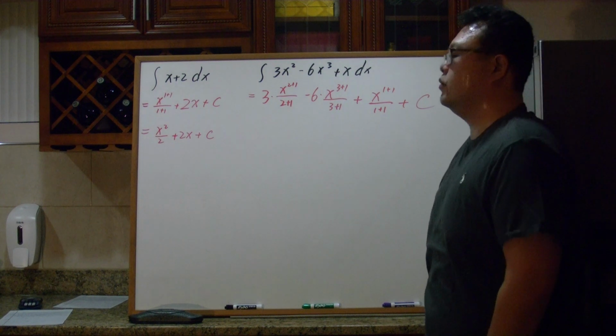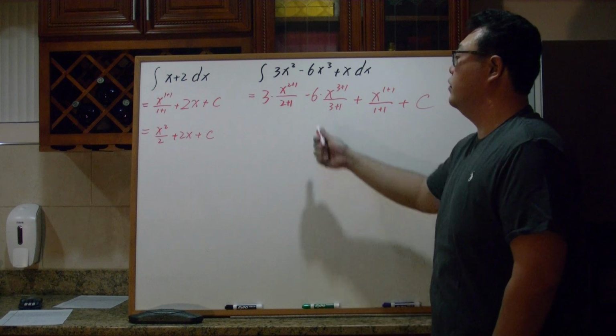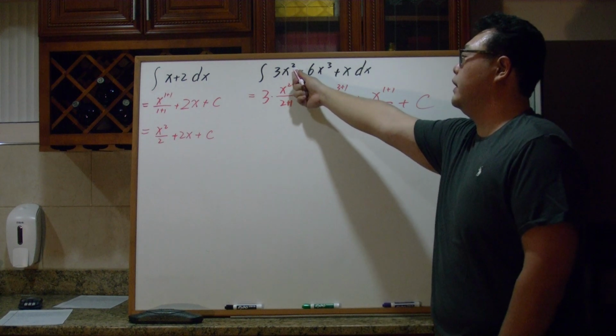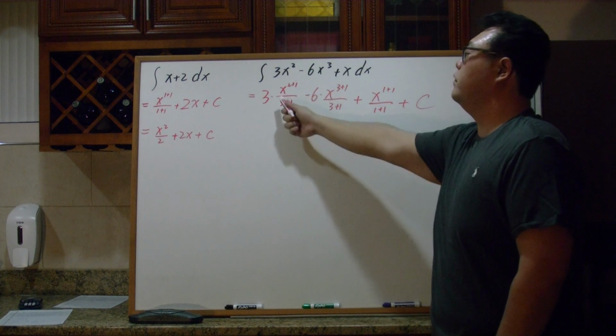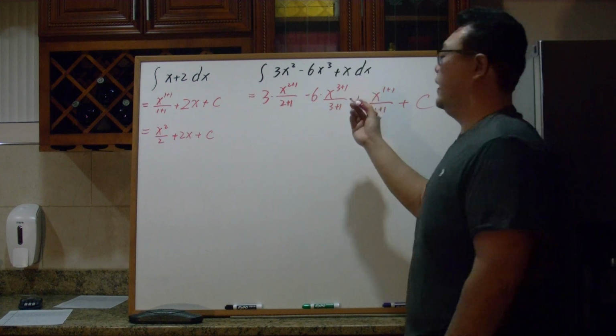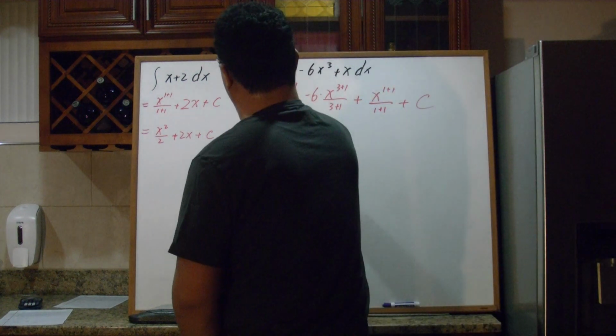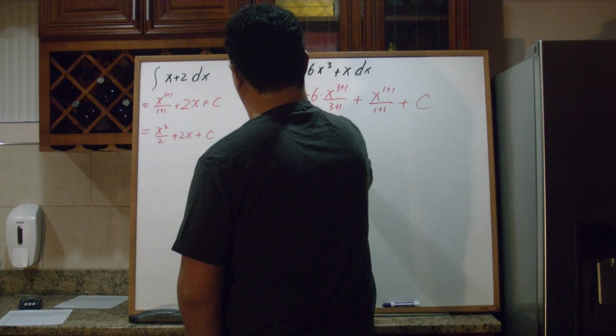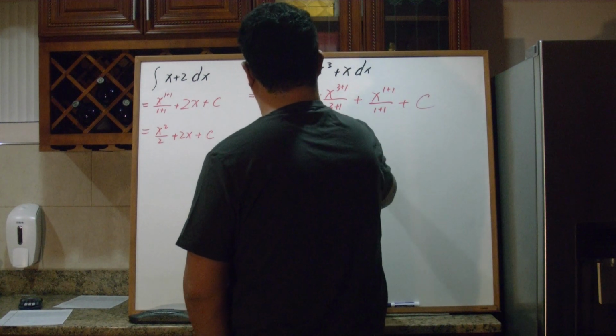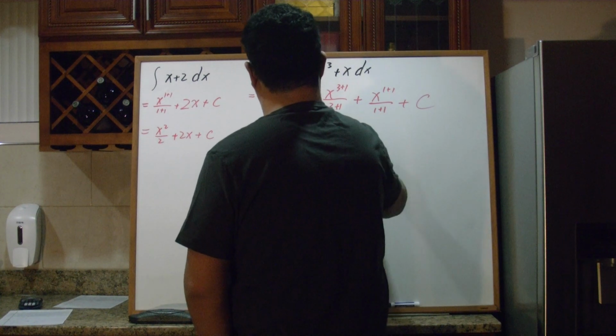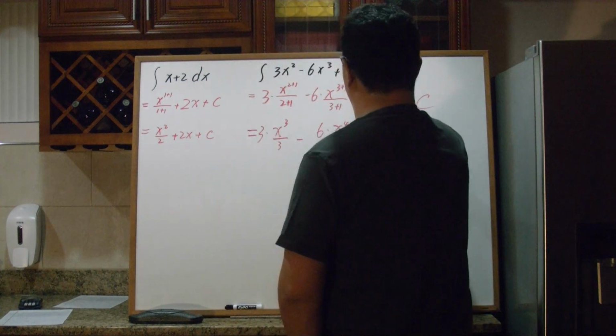It will be the opposite of what we do for the derivative. What we do for integration is take the power plus 1 over the new power. So we get 3 times x to the 3rd over 3, 6 times x to the 4 over 4, and x squared over 2.